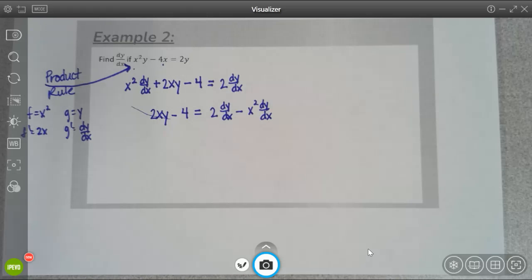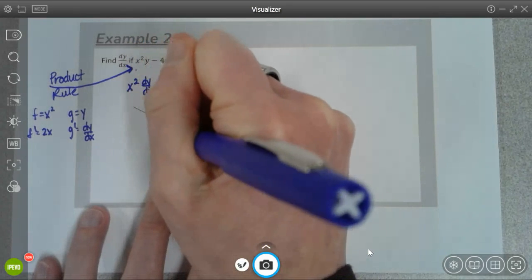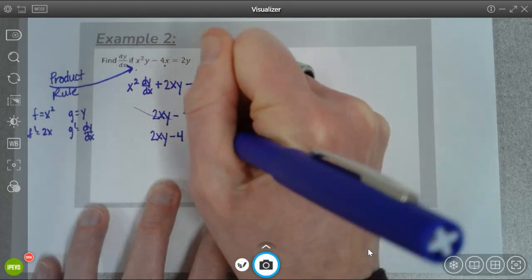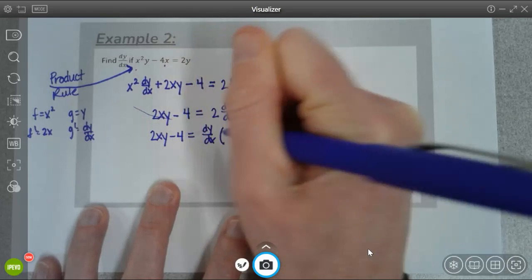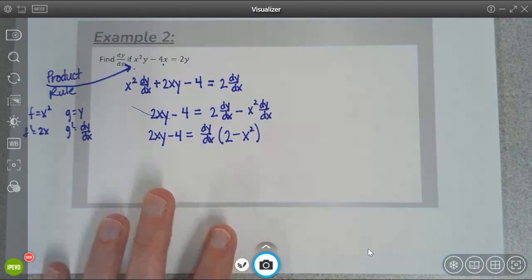So what we're going to do now is factor that out as a GCF. Both of those terms on the right side have that dy/dx. And if my goal is to solve for dy/dx, I need to break it out of there. So I'm going to, on that right-hand side, factor out dy/dx from those two terms.